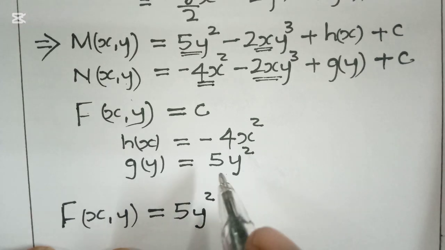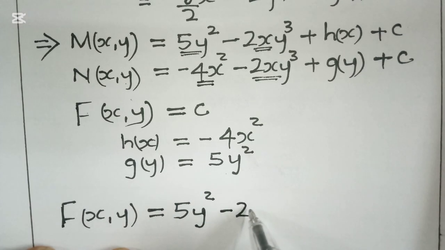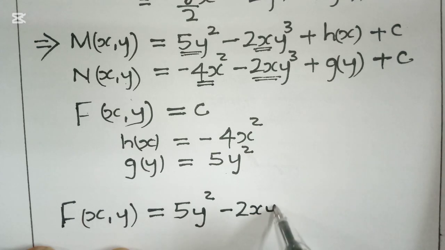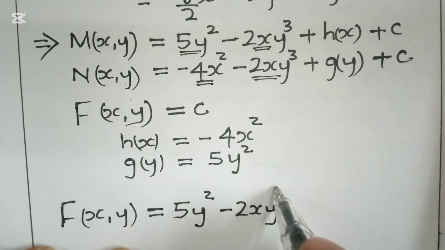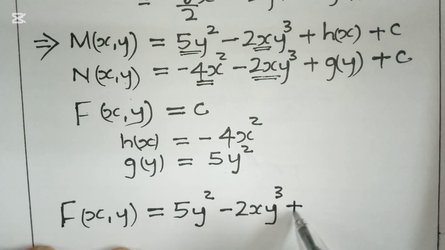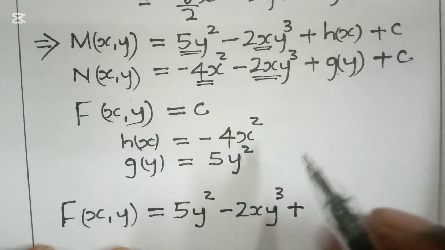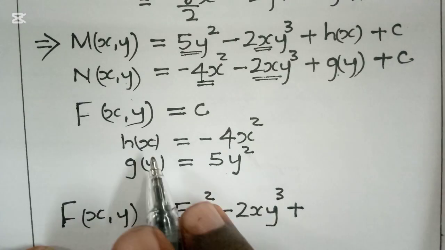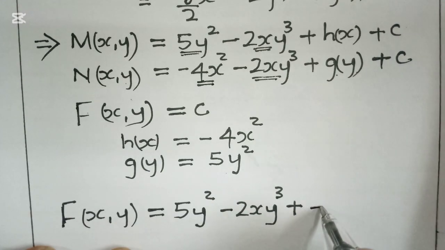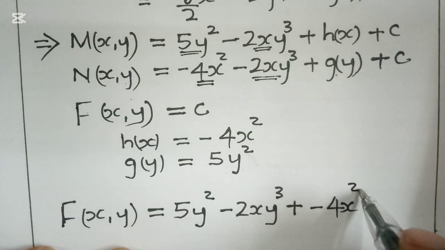So this is 5y squared minus 2xy cubed plus, guys, when it comes here, I'll have to write g(y) and h(x). So for h(x) is minus 4x squared.